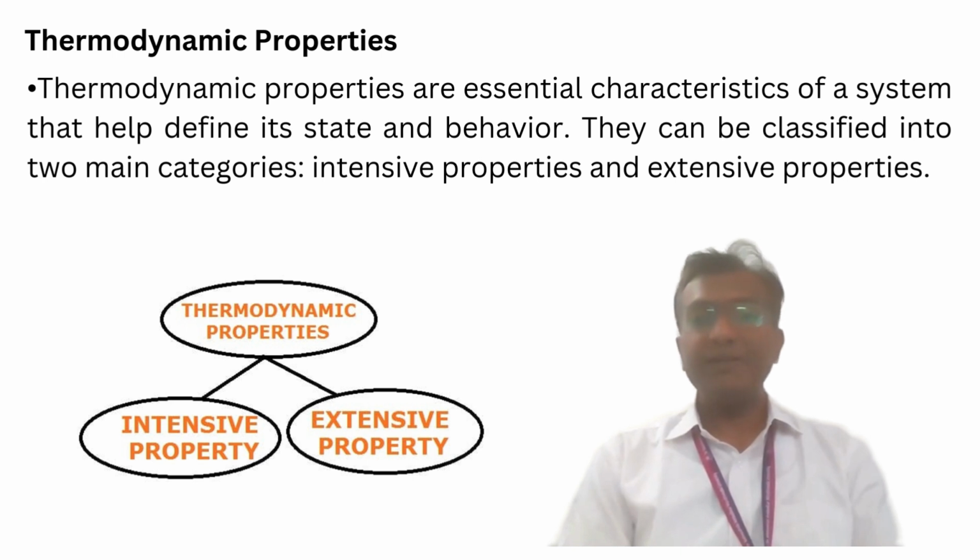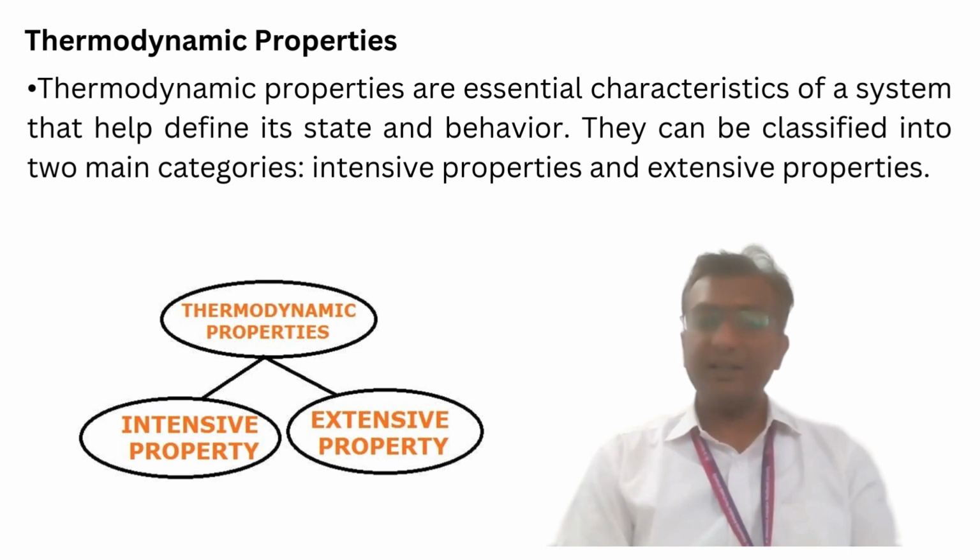Now, to make things a bit more organized, we broadly classify thermodynamic properties into two major categories. As we have seen in the previous slides, these are intensive properties and extensive properties. Intensive properties are those that are independent of the amount of substance present in the system.